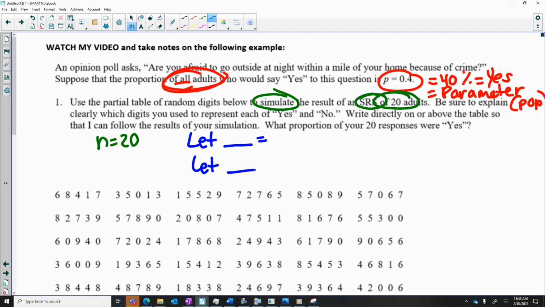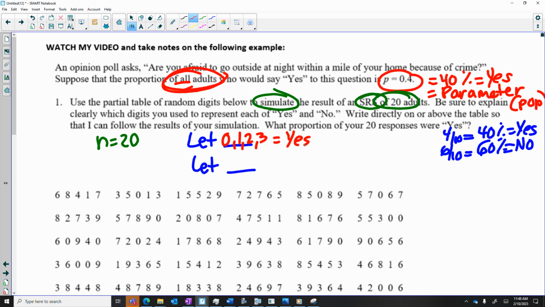So we have 40%, and that's going to be yes, and the complement of 40% is going to be no, which is 60%. So you have to let 4 digits out of 10 represent the 40%, which is yes, and 6 out of 10 represent no. We're going to let 0, 1, 2, and 3 represent yes, because that is 4 numbers.